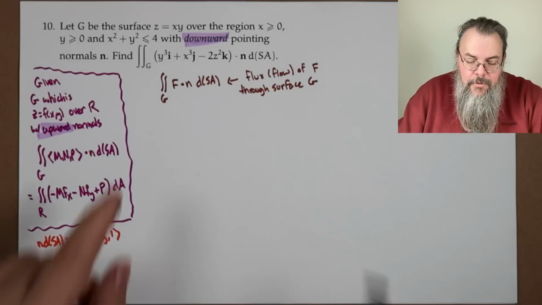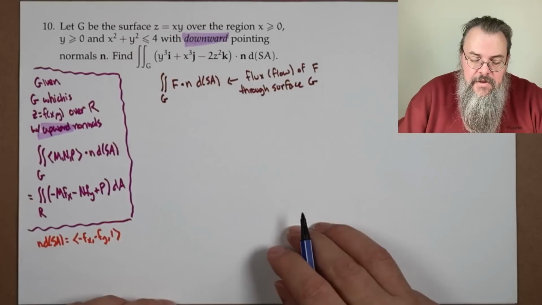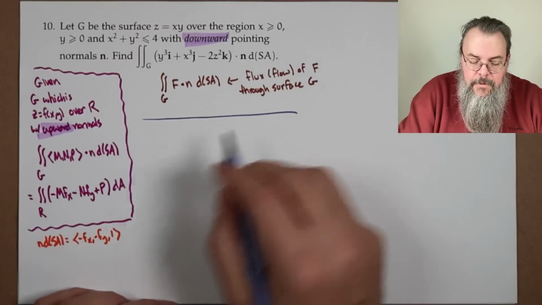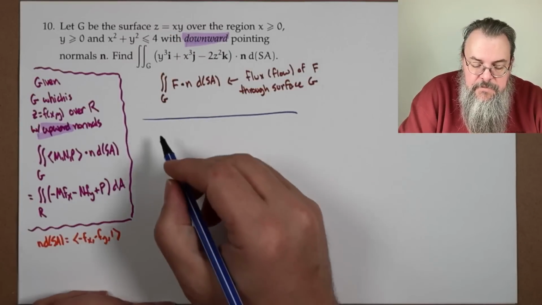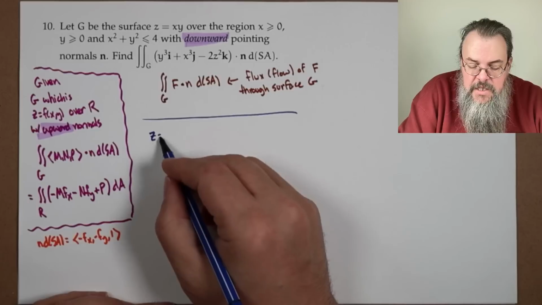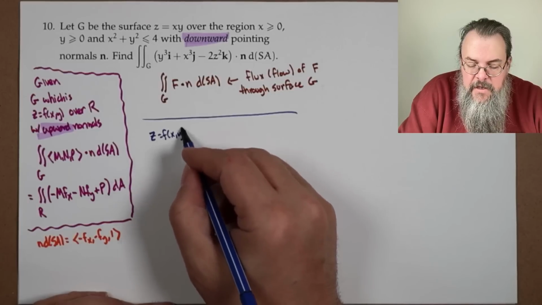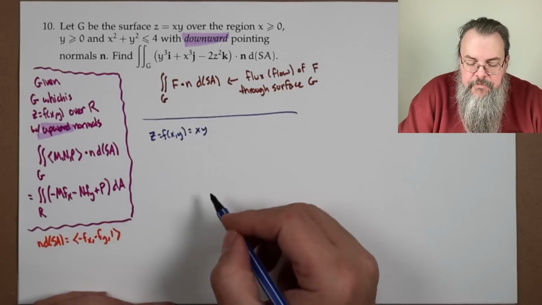We know what our function is. So we're going to first figure out what we're integrating, and then we'll talk about our region. So our z equals f of x, y is xy.